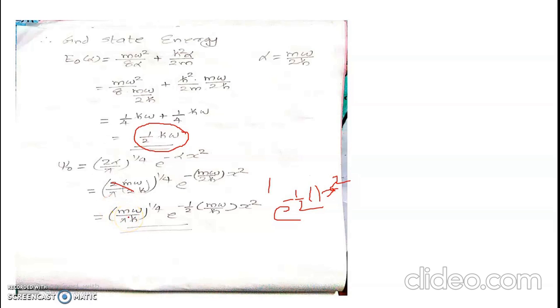Often we precisely represent this in terms of the Hermite polynomial, and this is complementing the exact expression for the ground state wave function represented by the Hermite polynomial. So this is about the application of the variational method to the linear harmonic oscillator problem in the ground state.